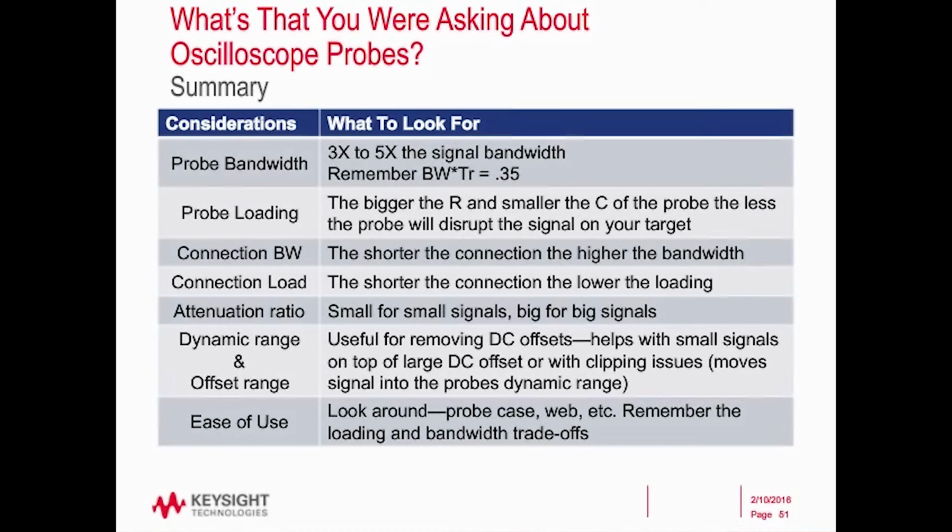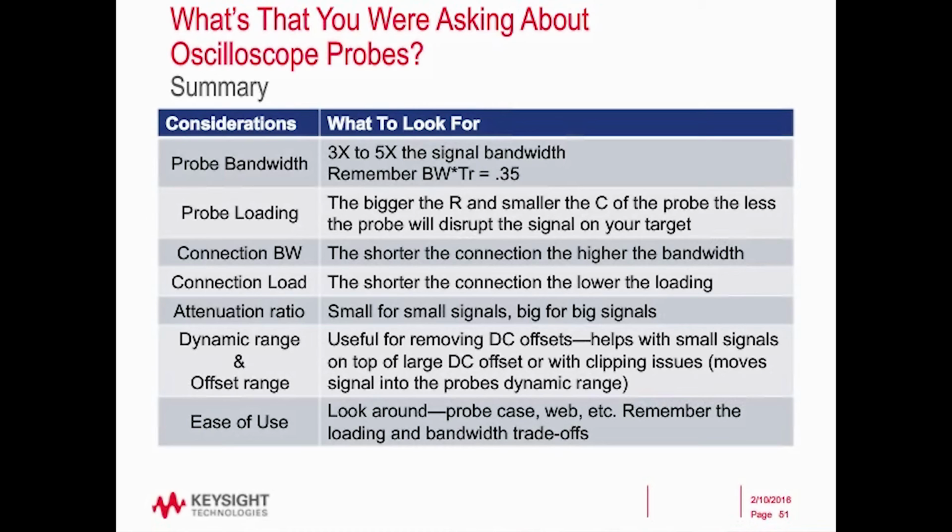Attenuation ratio, remember that we use small attenuation ratio for small signals, big for big signals. You could use a big one for a small signal, but your signal to noise ratio is going to be terrible because scope noise increases proportional to the attenuation ratio. Dynamic range and offset range.